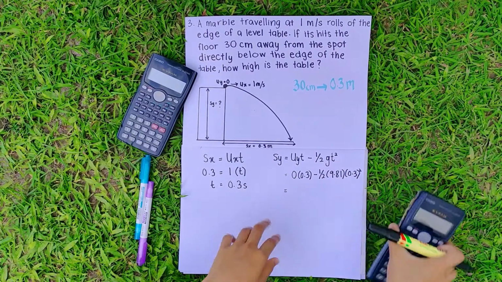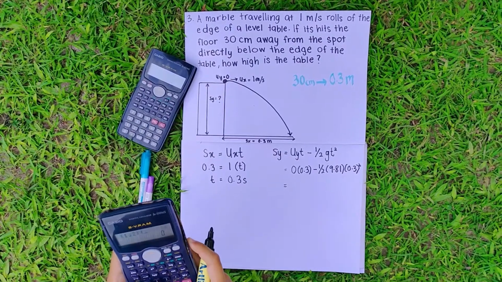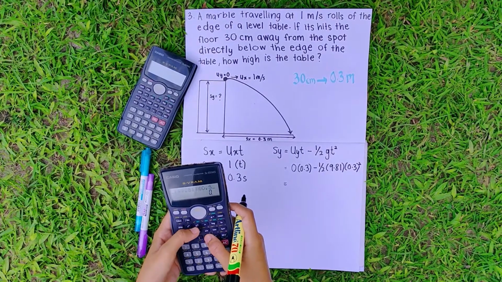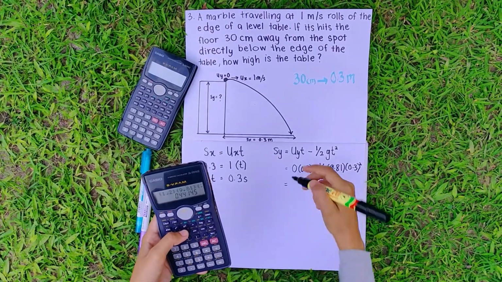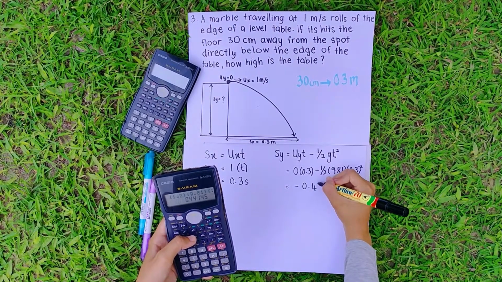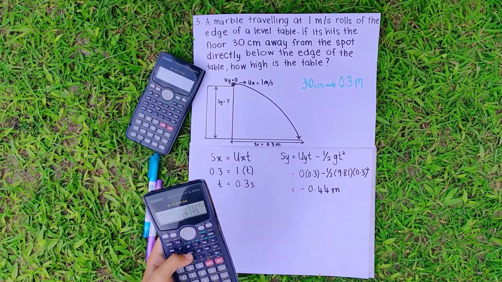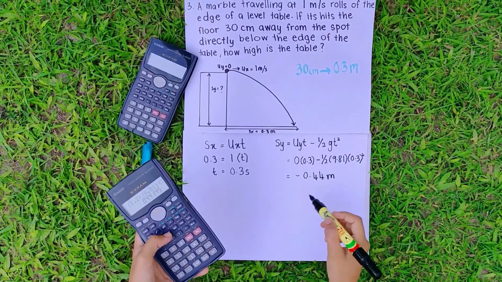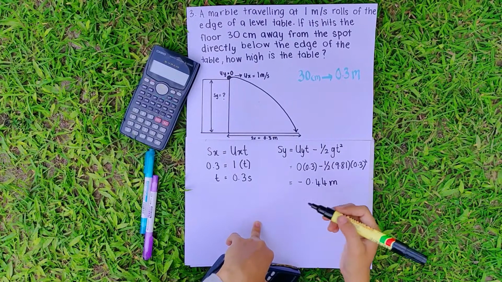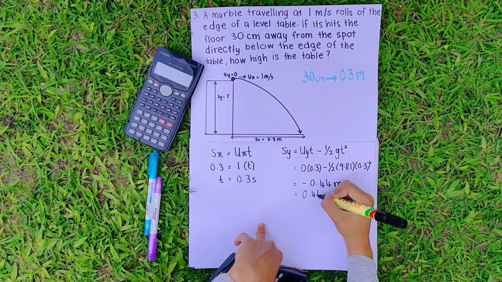So, use the calculator. The answer is negative 0.44 meter. Okay, we cannot use the negative because it is the height of the table. It cannot be negative. So the final answer is 0.44 meter.